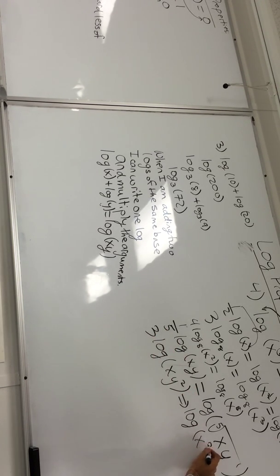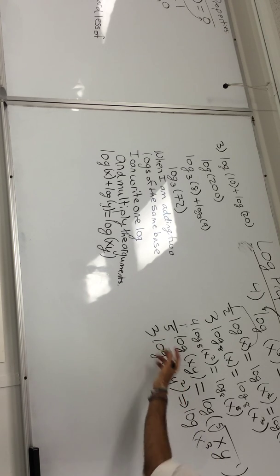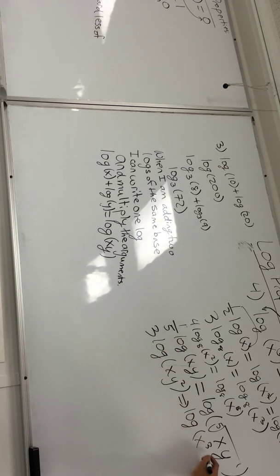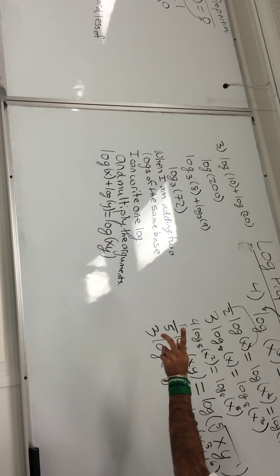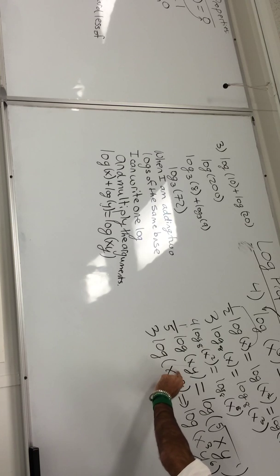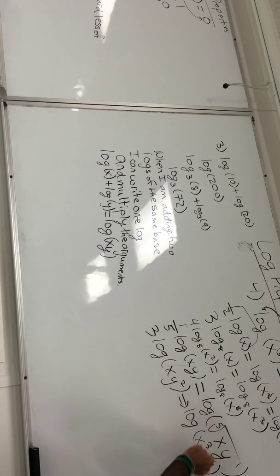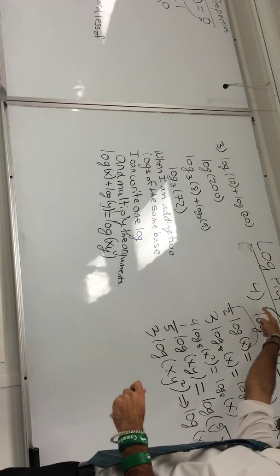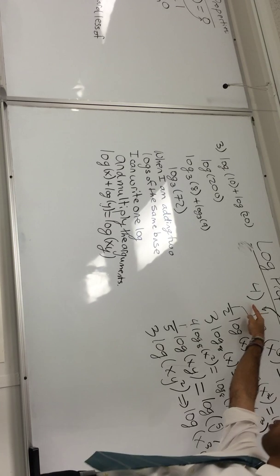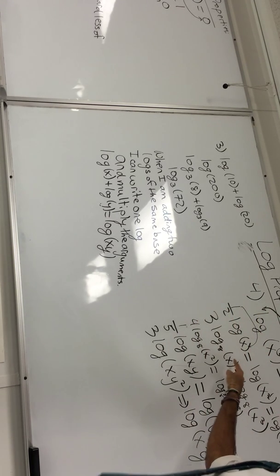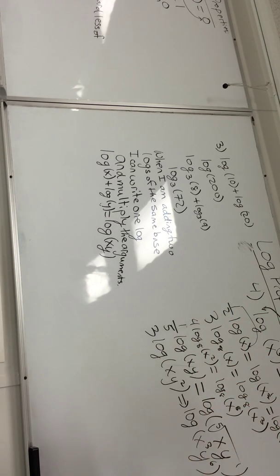So it's x cubed, y to the 6th. Lucia, I think this answers your question? Yeah. So the 3 is multiplied on both. 2 times 3 is 6. 3 times 1, 3. So the rule here is that the exponent comes outside in front of the log, or the number outside can become the exponent, depending on what we're trying to do.